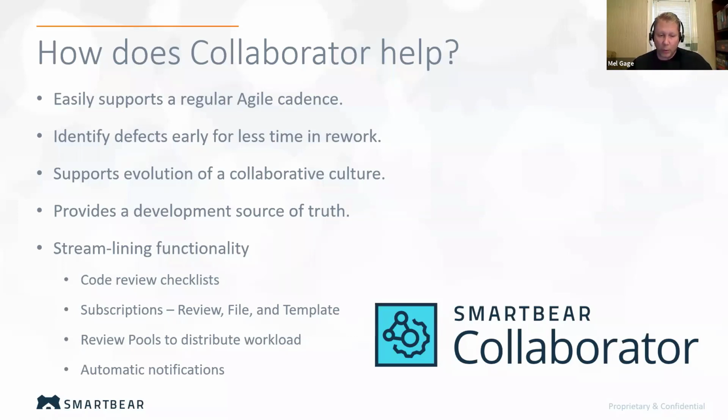And then again, review pools to distribute your workload, and automatic notifications that go out to your teams when reviews are created, just to keep you in the loop and keep that whole process frictionless by dropping Collaborator in there and getting your peer reviews done.